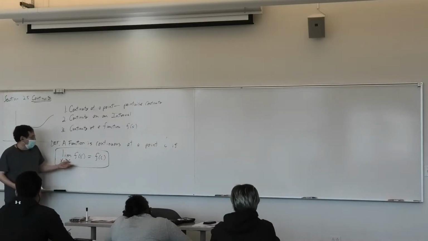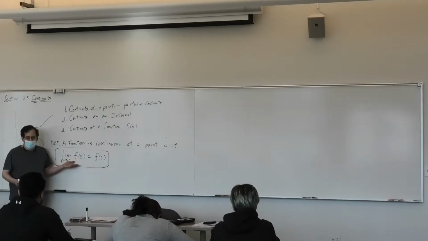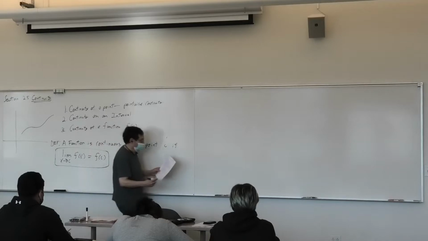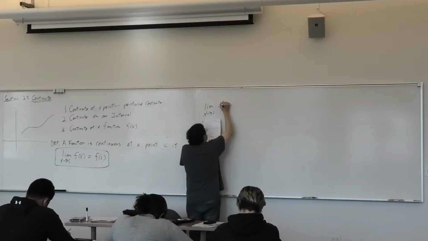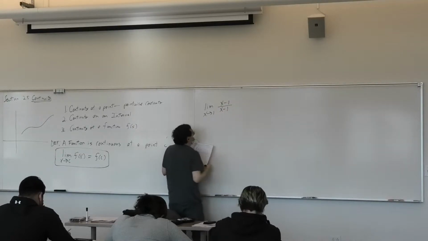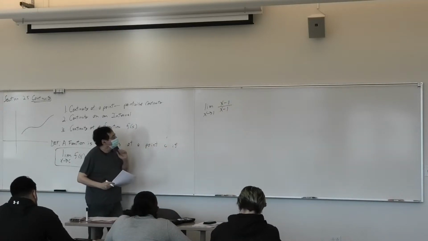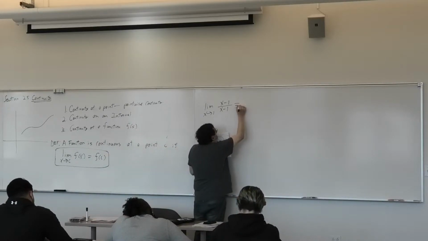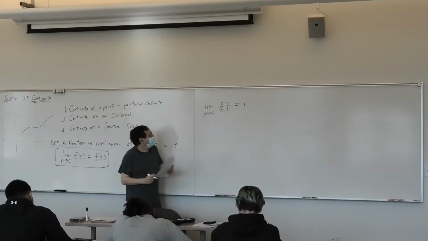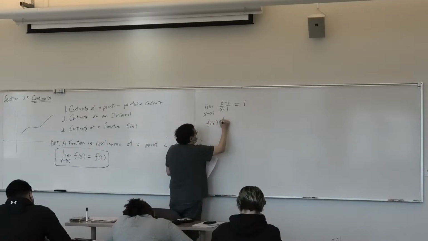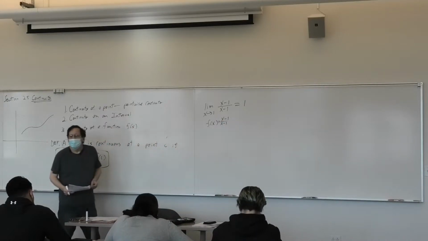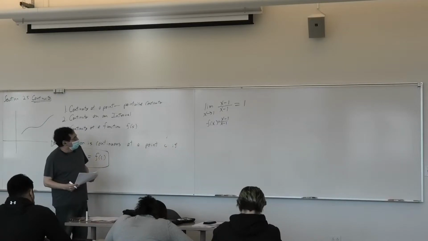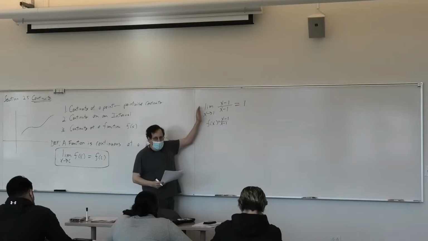There's no requirement that this be the case for some function. For example, let's consider the limit as x approaches 1 of x minus 1 over x minus 1. Well, this limit is clearly 1. But this function is not defined at 1. 1 is not in its domain. So the function is not continuous here.